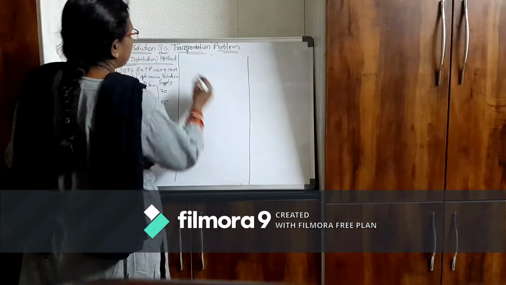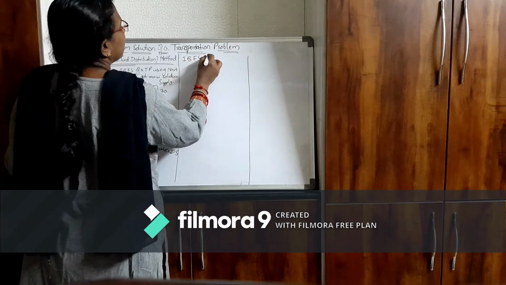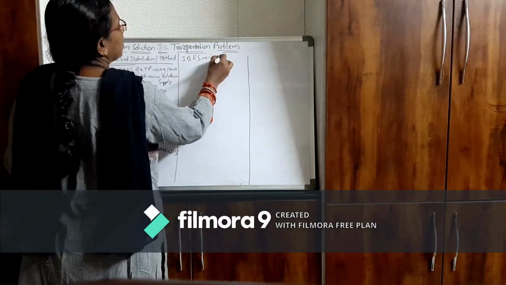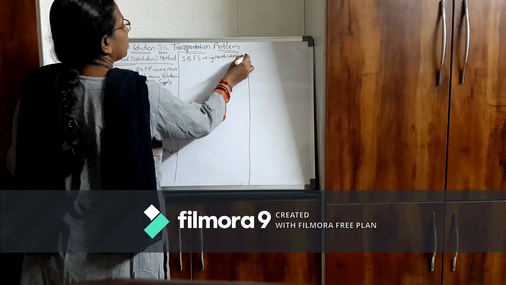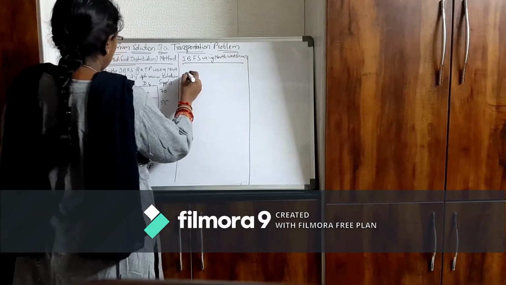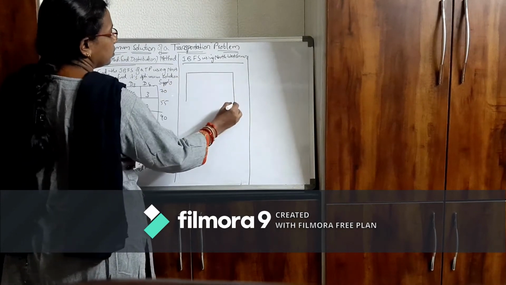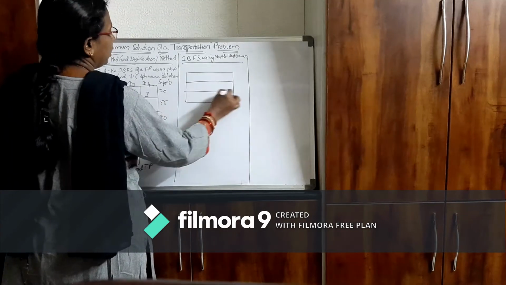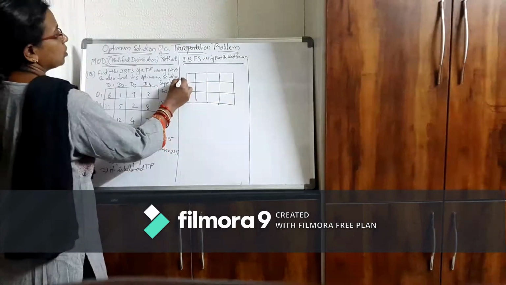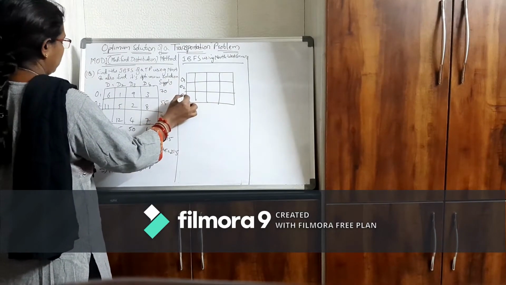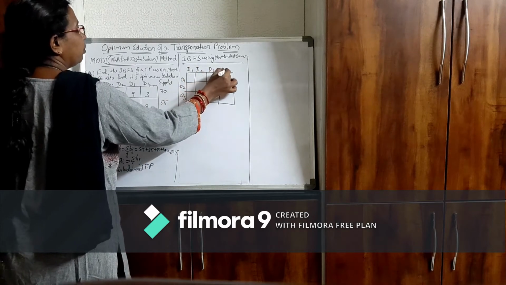So here first you have to calculate IBFS using northwest corner method. So draw the table. We have 3 rows and 4 columns. So this is O1, O2, O3, D1, D2, D3, D4.